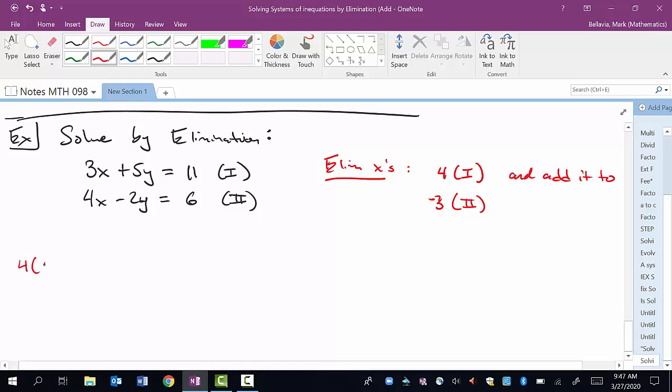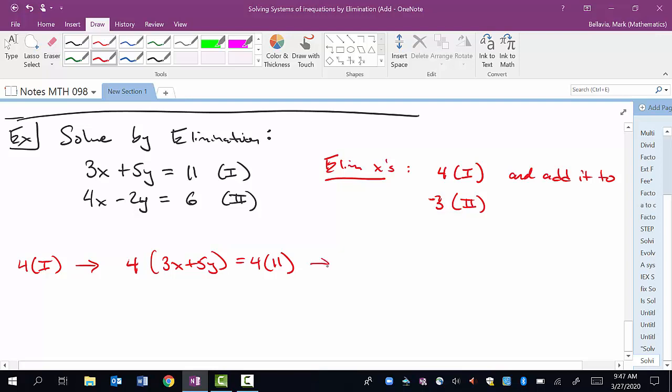So if I do 4 times equation 1, we'll do this part here first. 4 times equation 1 would be 4 times, you've got 3x plus 5y equals 4 times 11. Make sure you do it to both sides, right? If you don't multiply both sides, then you're not keeping the equation balanced. You're not allowed to do that.